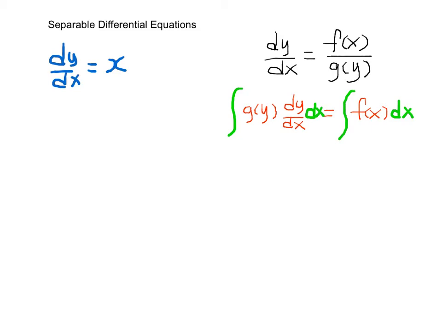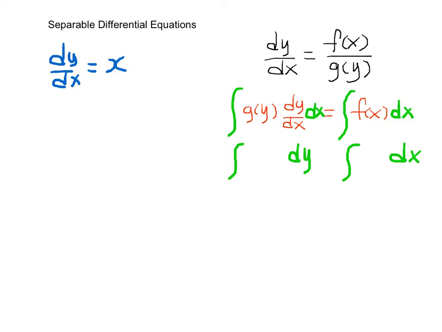So what happens now, especially pay extra attention to this part here. Here we actually differentiated y, and then here we integrate it again, sort of. So dy/dx can be replaced just by dy alone, and this will still be here, and this too.